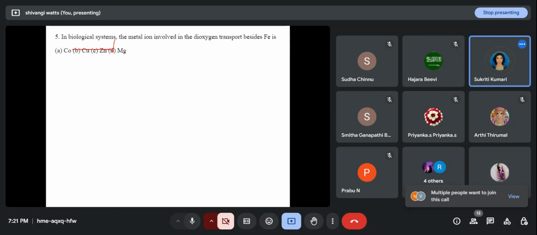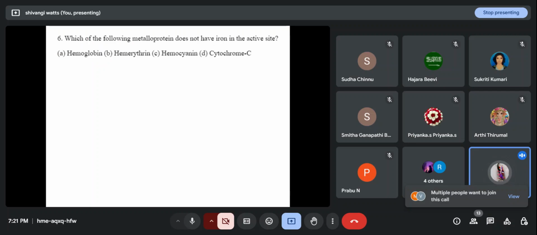Copper, yes. Because no magnesium, no zinc, no cobalt, only copper is present in the biological system which is responsible for oxygen transport, except iron.